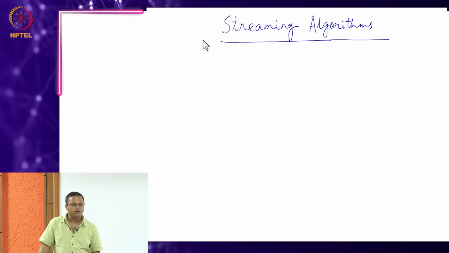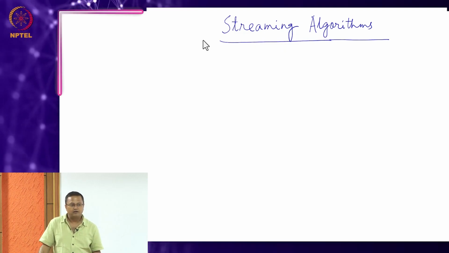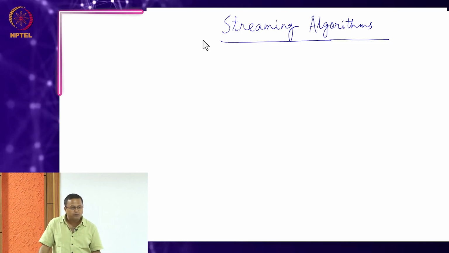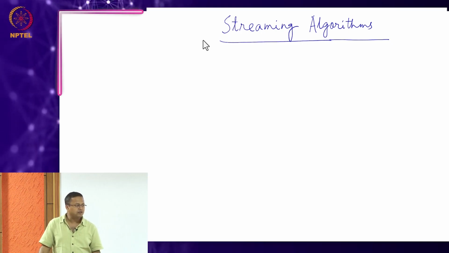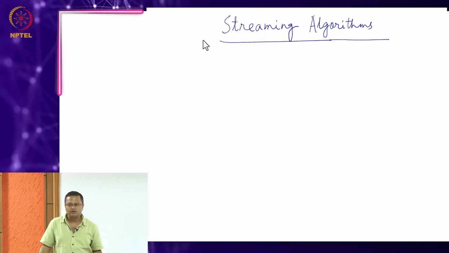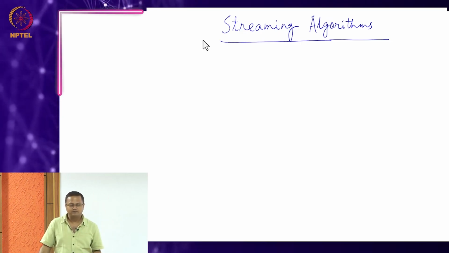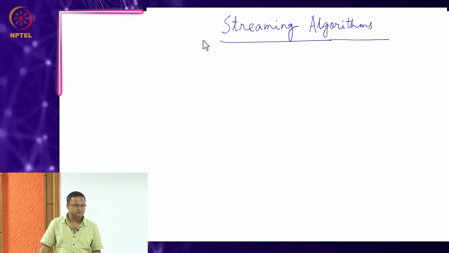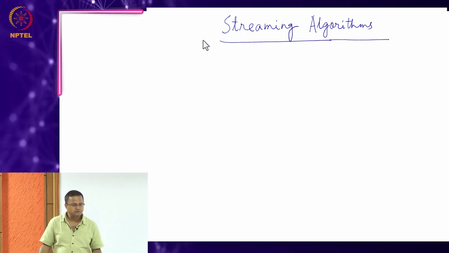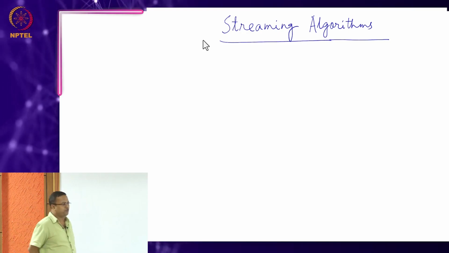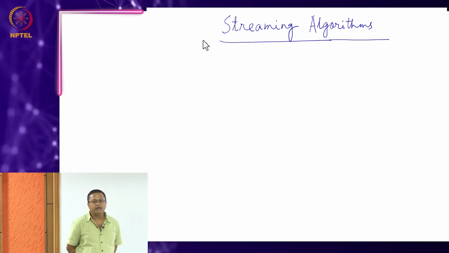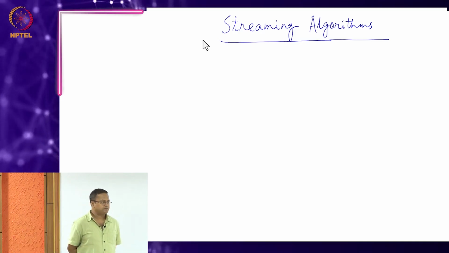Now, say for example, this network company wants to do something with the network traffic that has gone through this router throughout the day. Say for example, it just wants to figure out how many distinct IDs were there.